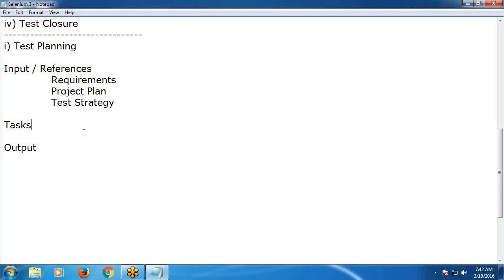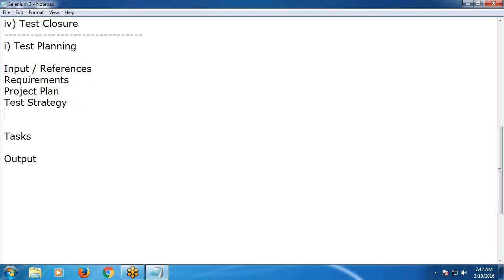Yes, sir. Okay. These are the mandatory requirements for a formal test process. Mandatory. Next, optional references, design docs, if available. Design docs means HLD, high level documents, and low level documents.